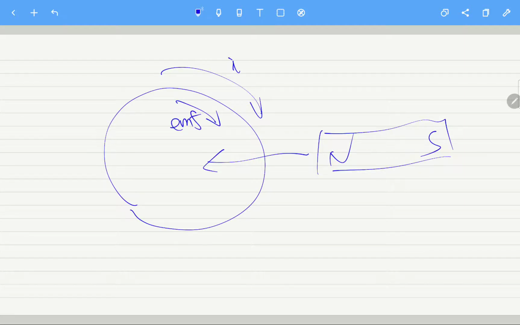You cannot imagine this case using the concept of potential difference, because if you consider the potential at this point and then go around the loop, it should be zero.